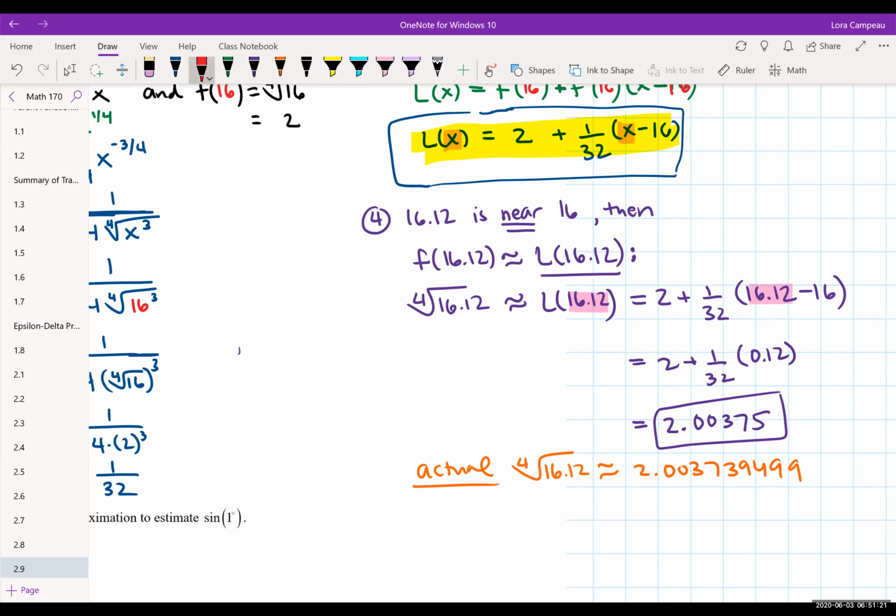So we're pretty close. In fact, we're pretty close to about 4 decimal places, so not bad. So just something to think about.